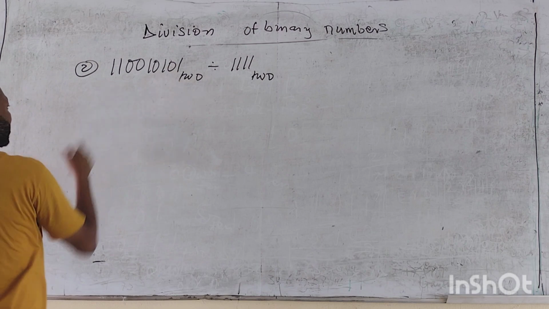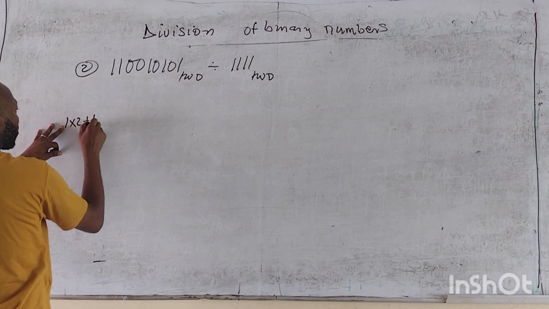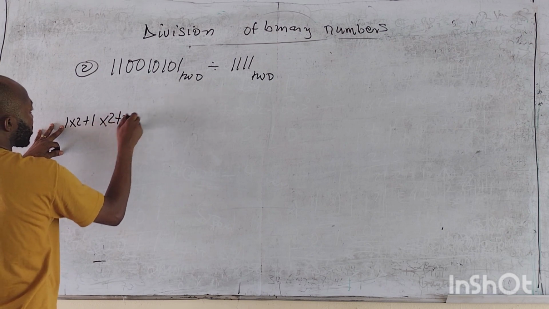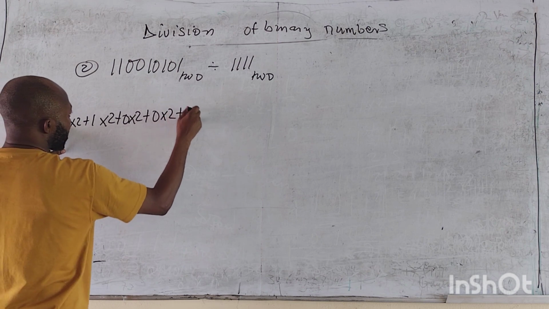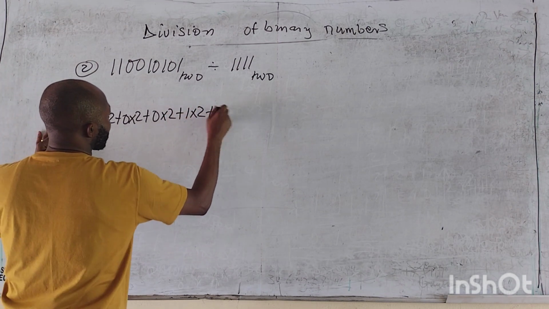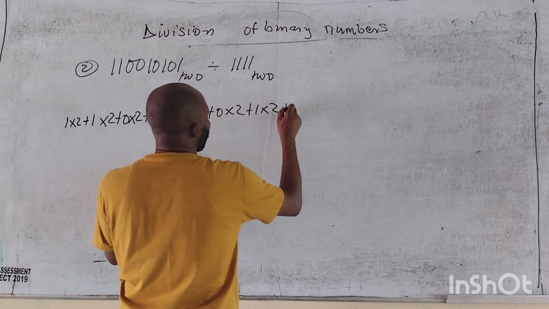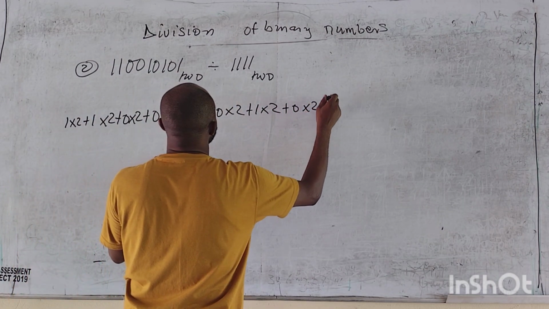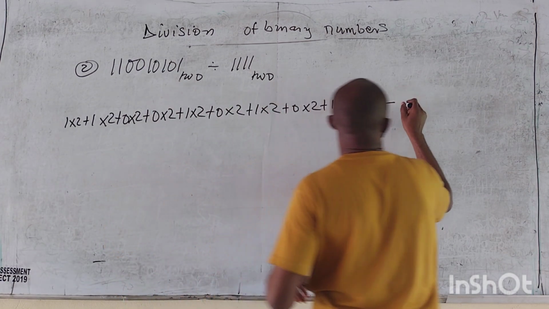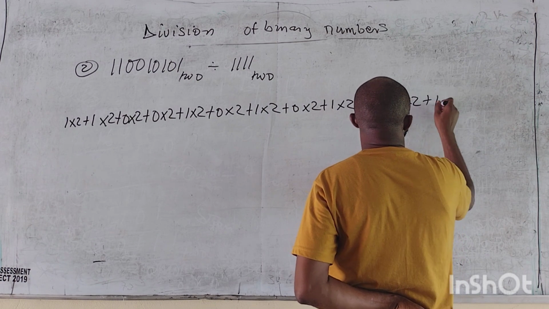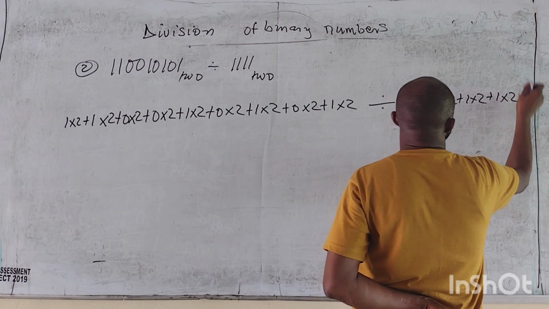So 1 times 2 plus 1 times 2 plus 0 times 2 plus 0 times 2 plus 1 times 2 plus 0 times 2 plus 1 times 2 plus 0 times 2 plus 1 times 2, divided by 1 times 2 plus 1 times 2 plus 1 times 2 plus 1 times 2.